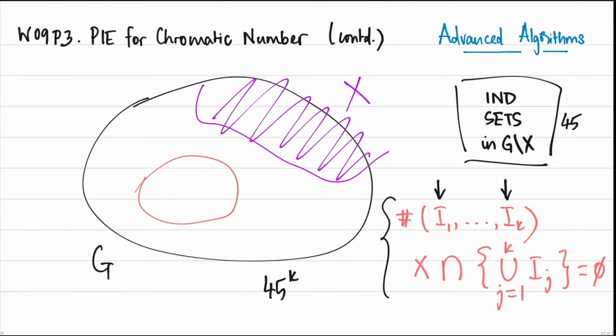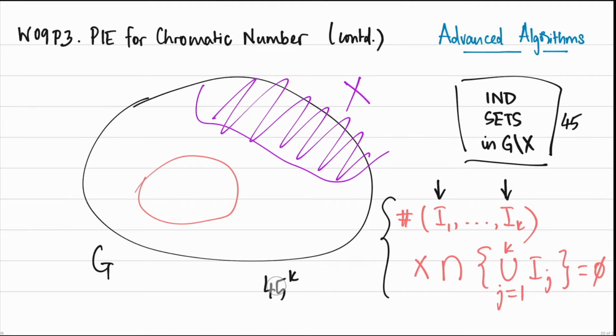So if you come up with an ordered tuple of k independent sets whose union does not contain anything from X, then each of the independent sets in your tuple is going to be an independent subset of G minus X, and therefore I would have caught it in my count here, right?